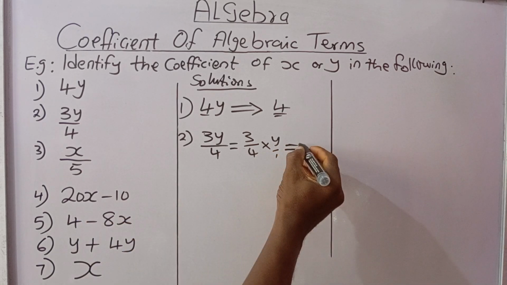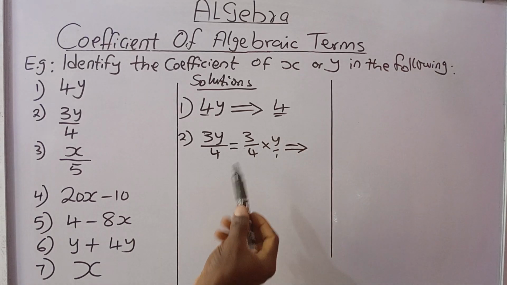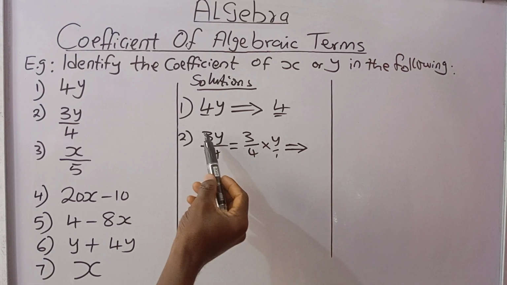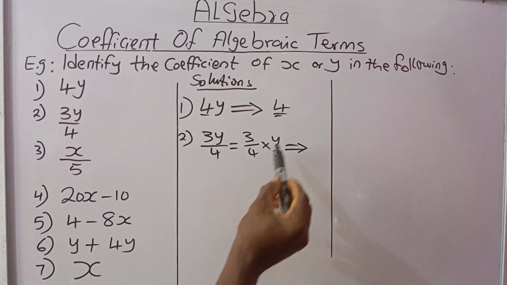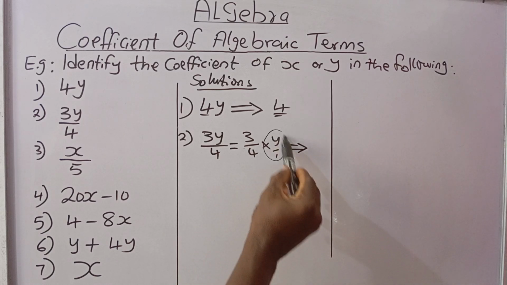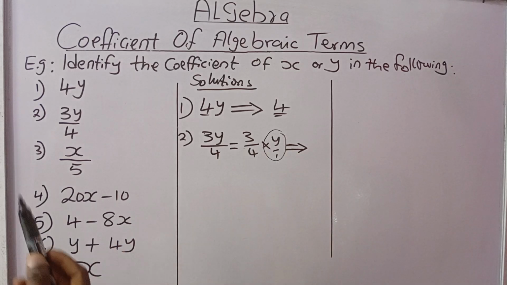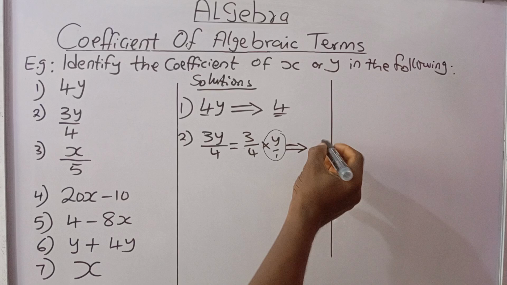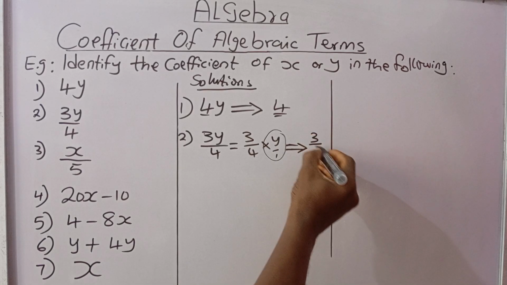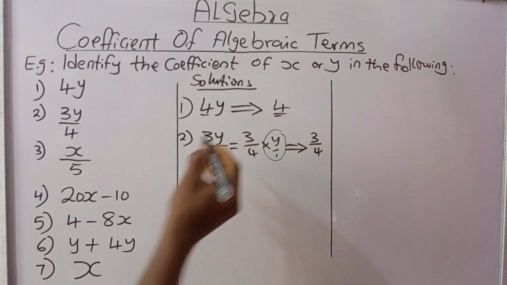Will it give the same result? Of course, yes, because when I say 3 times y will give me 3y. 4 times 1 will give me 4. So the coefficients of this y here is the number that is attached to y by multiplication, and that number is 3 over 4. So the answer to this particular one is 3 over 4. That is the coefficients of y.